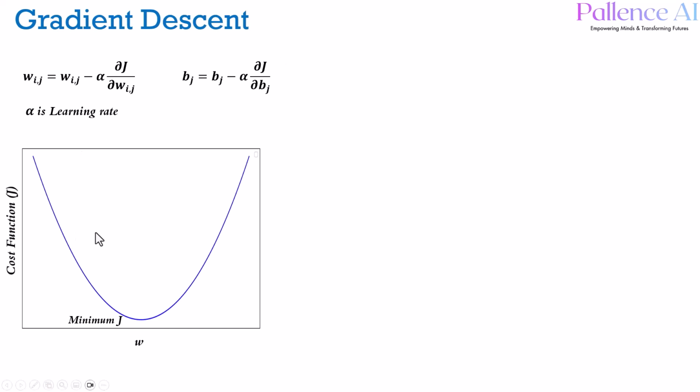Imagine now I have drawn here a cost function as a function of the weight parameter. Remember, for the simple two-layer neural network I talked about, we have 400,000 weights. For the latest AI models like language models or computer vision models, your total number of weights might be even a billion, more than that.